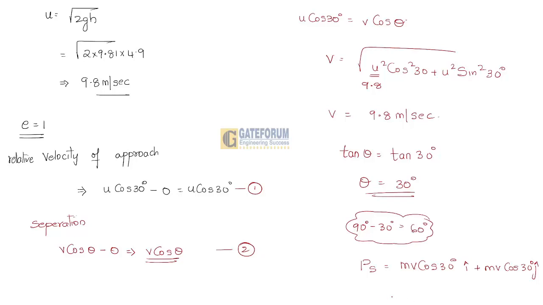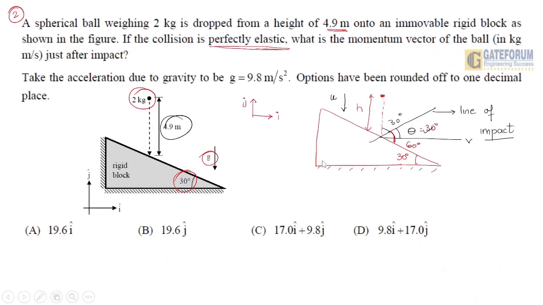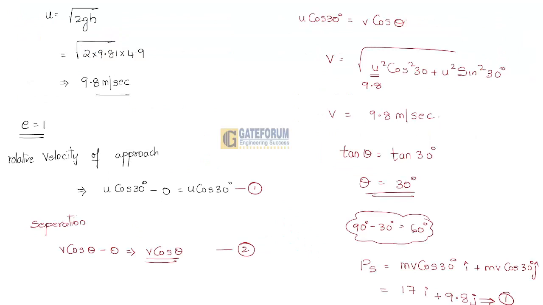So obviously you will have 17 i plus 9.8 j. That is nothing but option C, which will be the right answer for the given question here. A simple question from collisions, that too elastic collision, E will be equal to 1. Moving to the next question.